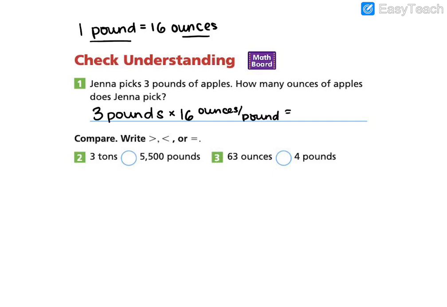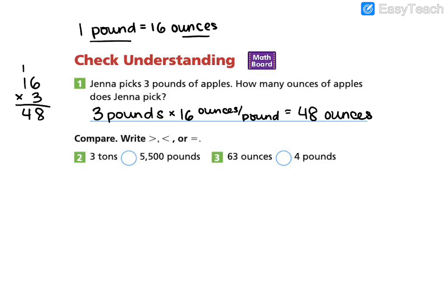Go ahead and find how many ounces are in 3 pounds. Three times 6 is 18. I'm going to regroup my 1 ten. 3 times 1 ten is 3 tens, plus 1 more ten is 4 tens. So I know that there are 48 ounces in 3 pounds.